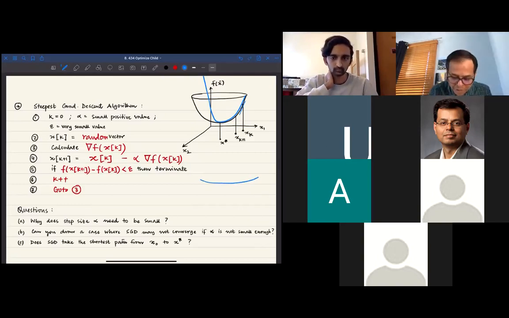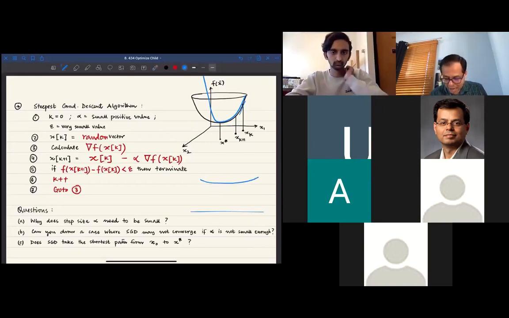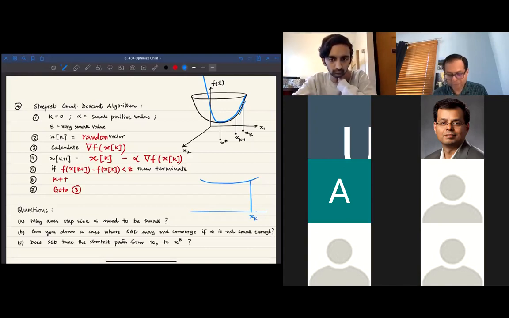If I zoom in with a very strong lens at this location, it is going to look like this. So now, at some point, I've come to this xk. And what is the gradient? The gradient is this.